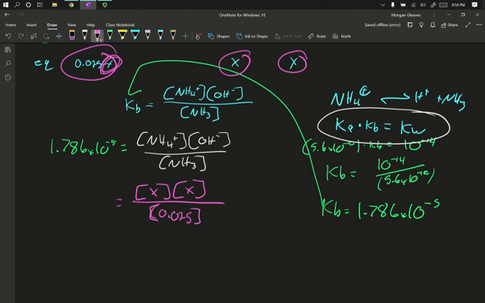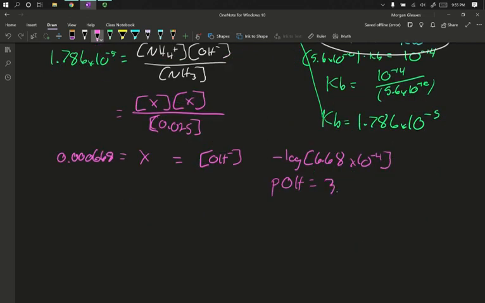Rearrange and solve for x. What we'll find is that x is equal to 0.000668, which means the concentration of our hydroxide is 6.68 times 10 to the minus 4. We can take the negative log of that to find the pOH.